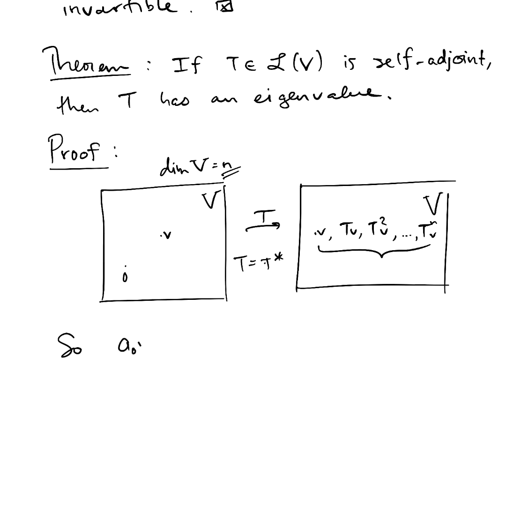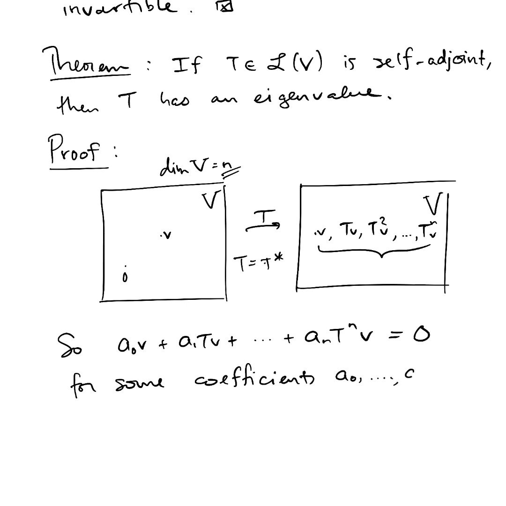So a0 v plus a1 Tv plus ... all the way through an T to the n v equals 0 for some coefficients a0 through an not all 0. So there's some non-trivial combination of those n plus 1 vectors that comes out to the 0 vector.